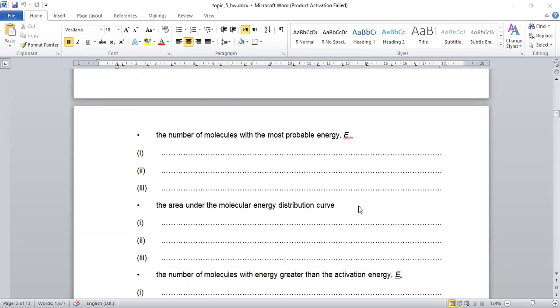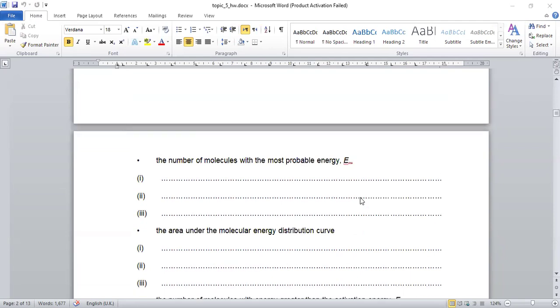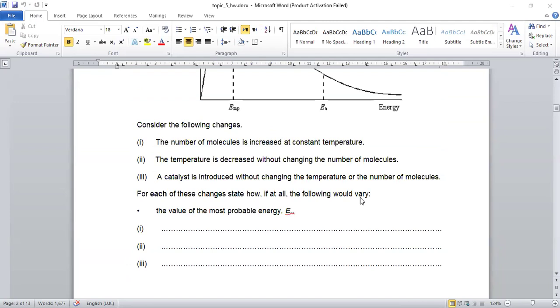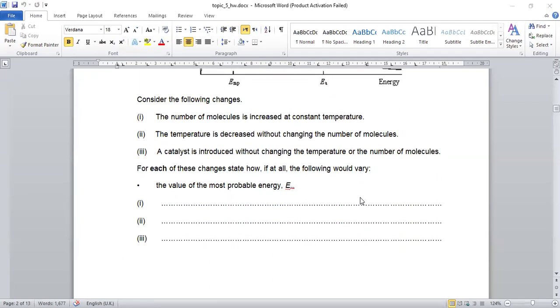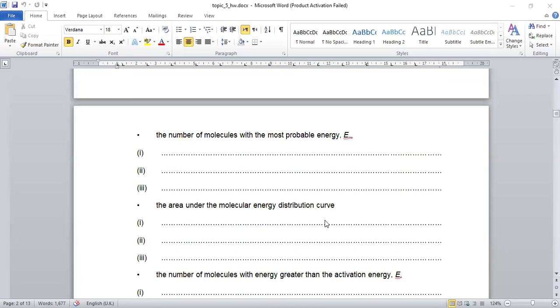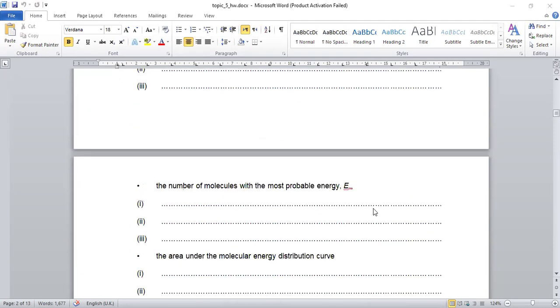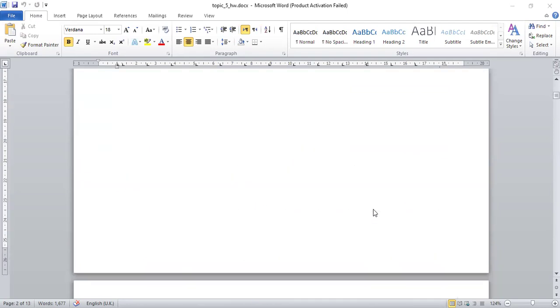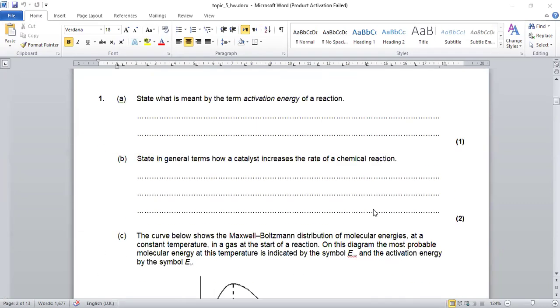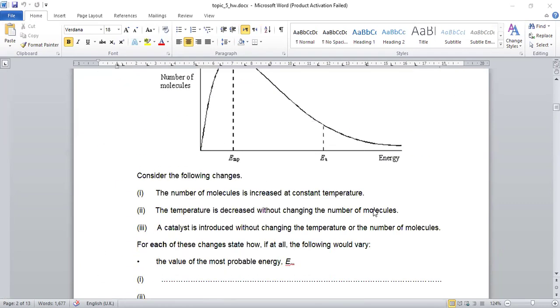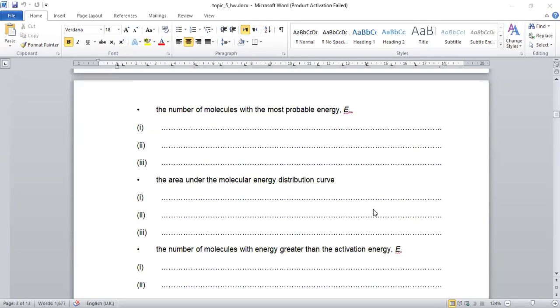Is this Edexcel AS? Yes. Because my teacher, we did the whole topic and she didn't mention anything about this. All she did was endothermic and exothermic. But that is the rate of chemical reaction. No, we did exothermic, endothermic, neutralization, combustion, formation.